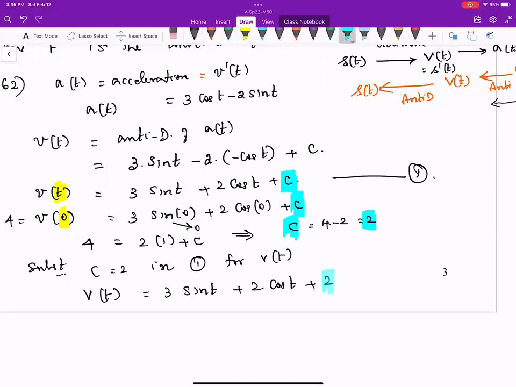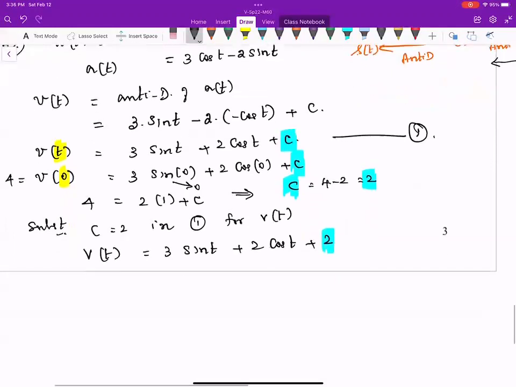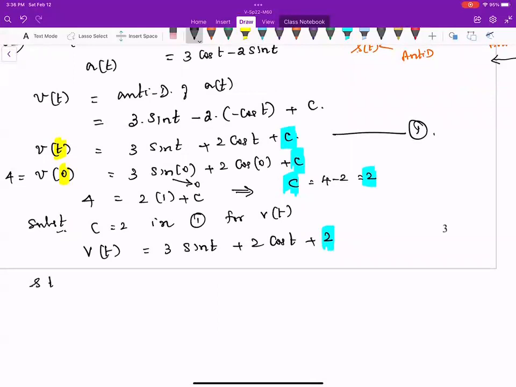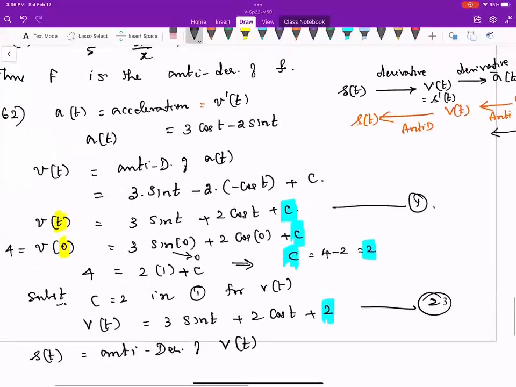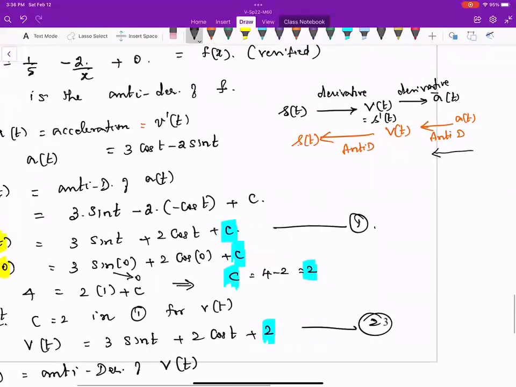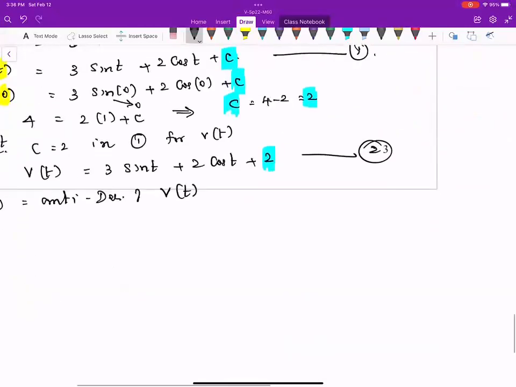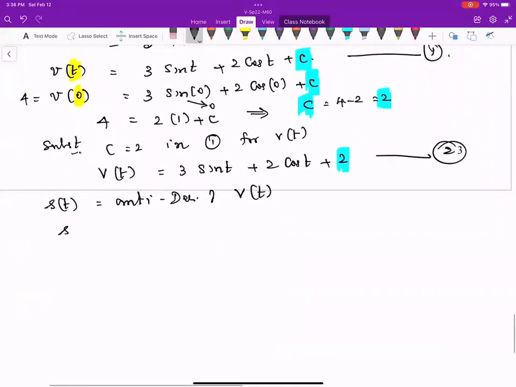I'm substituting this back into V of t. So now you have to again take the antiderivative to get S of t. So S of t is nothing but antiderivative of V of t. Okay. That's what we said. From V of t to S of t, you have to take the antiderivative.